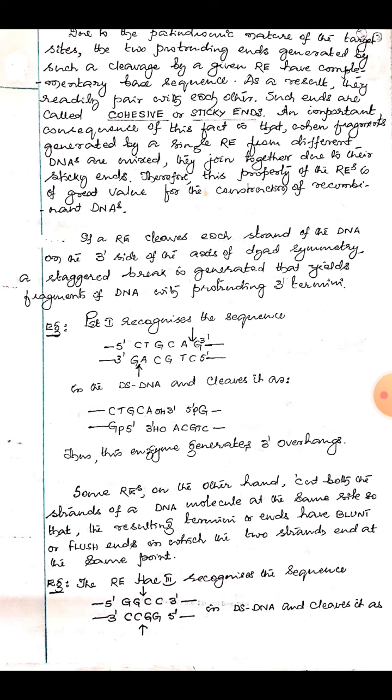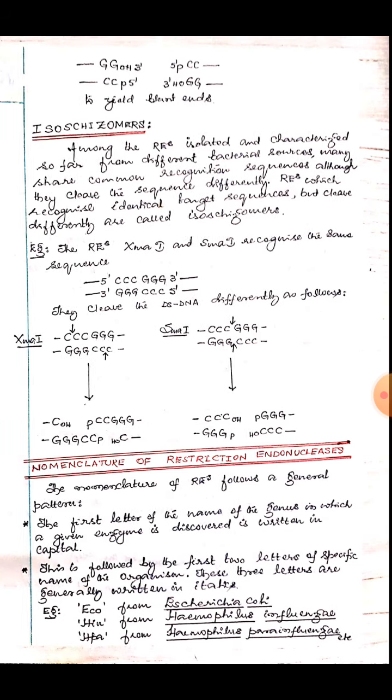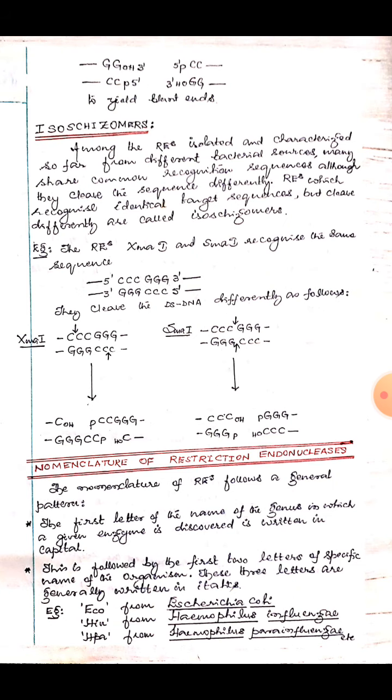So you can see here the product of such digestion. Now you have understood the cleavage patterns. One is staggered end or blunt end. If it is a staggered end, it will be either a 5' overhang or a 3' overhang, depending upon which particular restriction endonuclease you are using.